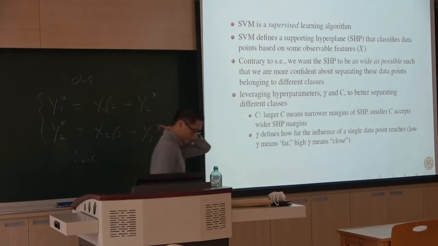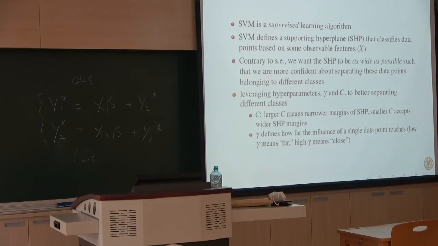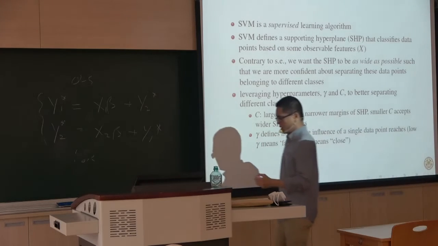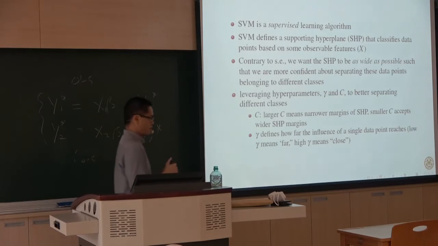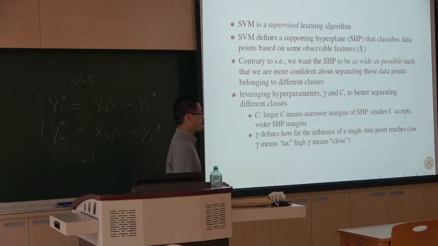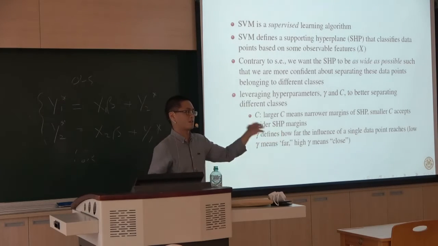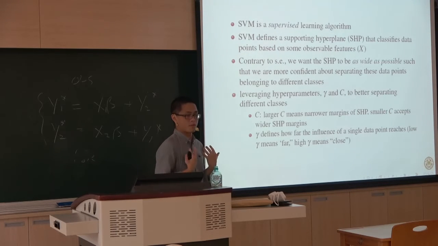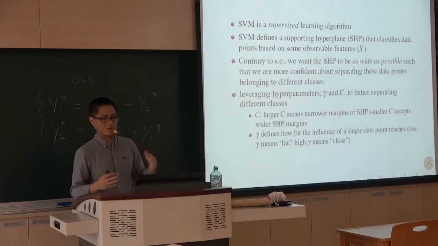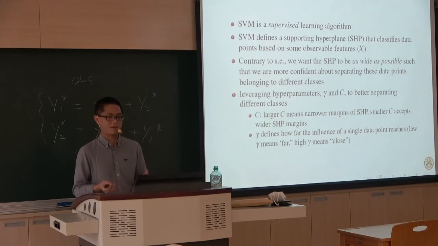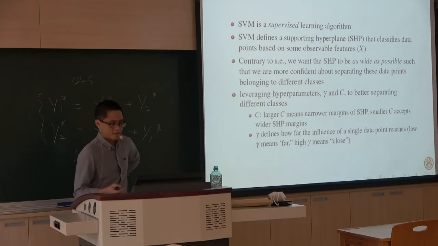However, people who jump from a linear regression model or parametric model to a support vector machine find one thing hard to understand: contrary to the standard error, which we want to be as small as possible so that it's easy to get significance for a preferred variable, for a support vector machine we want the supporting hyperplane margin to be as wide as possible so that we are more confident about separating data into different classes, right?